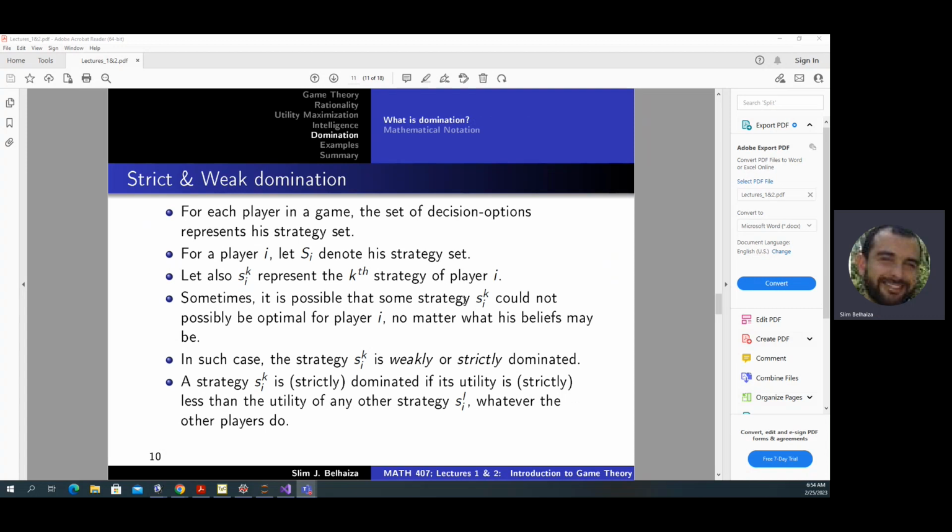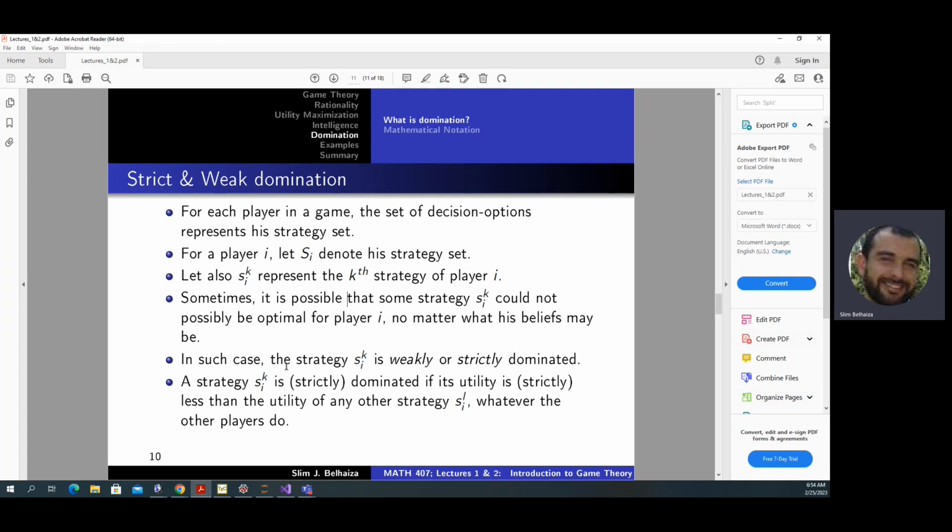Now we will start talking about what we call domination, so strict and weak domination. For each player in a game, the set of decision options in fact represents his strategy set. So for each player i, let S_i denote his strategy set. So S_ik represents the kth strategy of player i. And sometimes it's possible that some strategy S_ik could not possibly be optimal for player i, no matter what his beliefs may be.